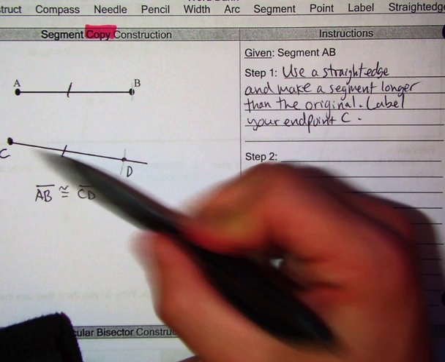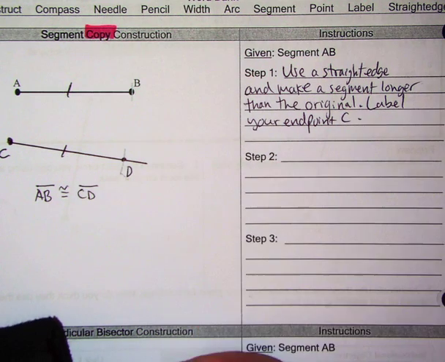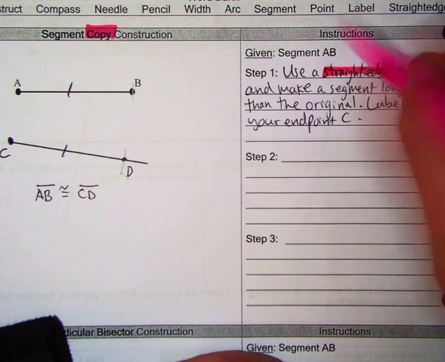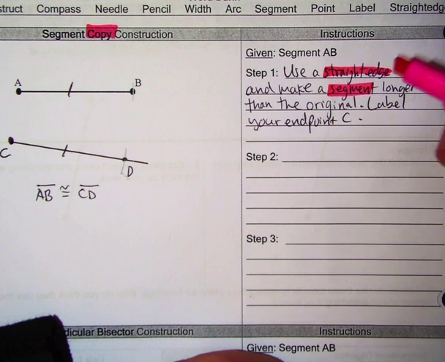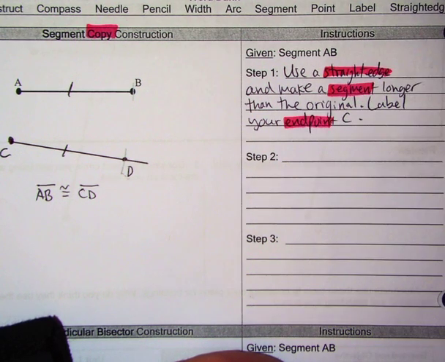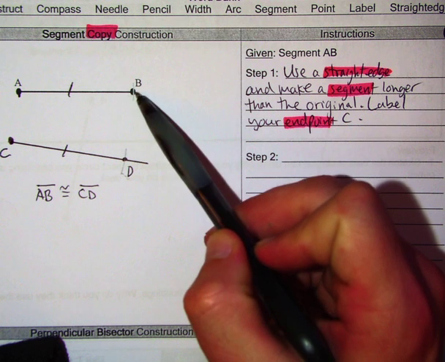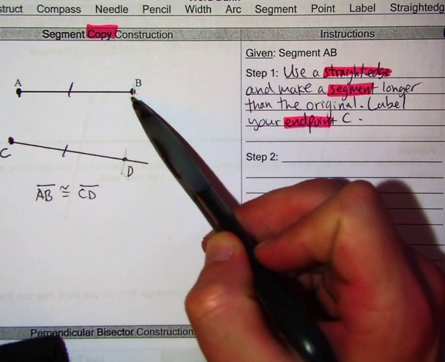That was the first thing we did down here. And you can see the vocabulary words I'm trying to bring into play here. I use straight edge, segment, endpoint. Now the next thing I did is I put the needle on A of the compass, and I put the pencil on B, and I made a little arc.